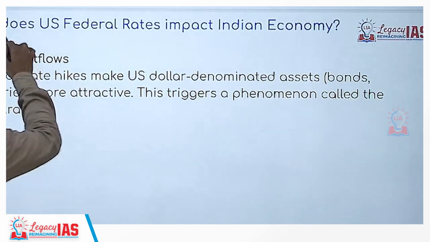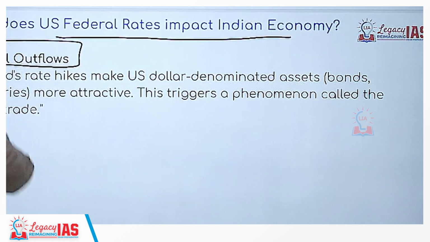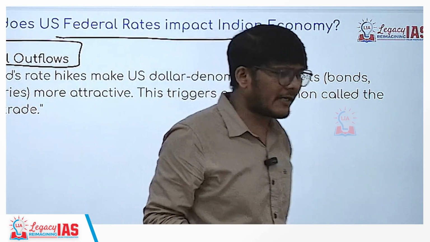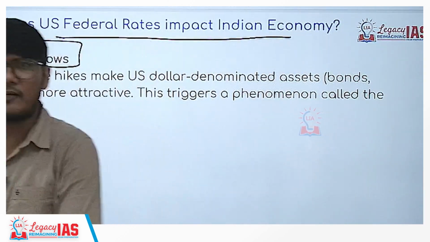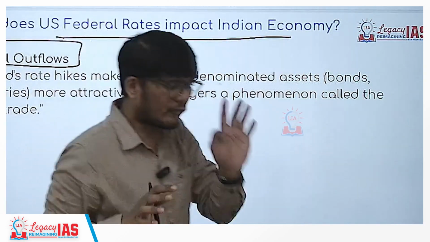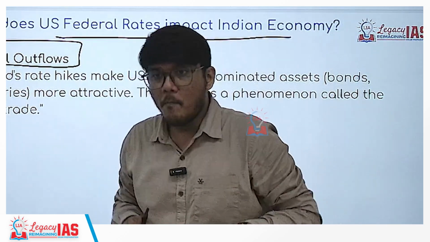Now how do federal rates impact the Indian economy? Capital outflow. Simply because when the federal rates are increased, like in India when the repo rates are increased, the rates of everything increase. The rates of loans increase, the rates of fixed deposits also increase. That means if you put your money in a fixed deposit, you will be earning more interest.